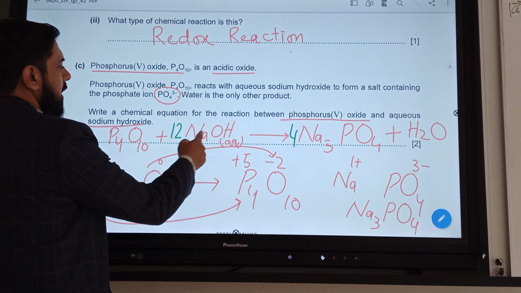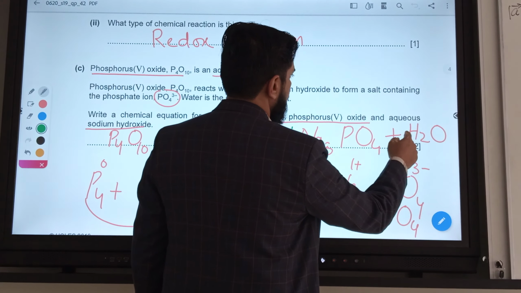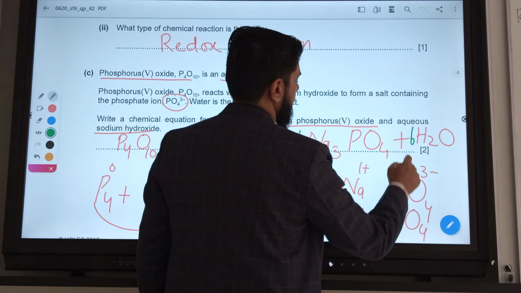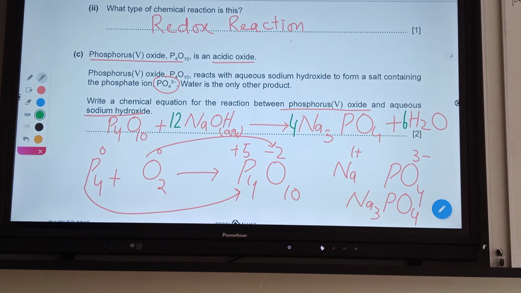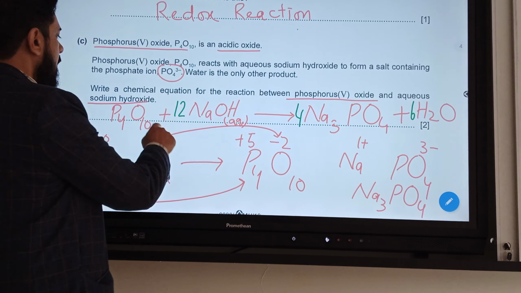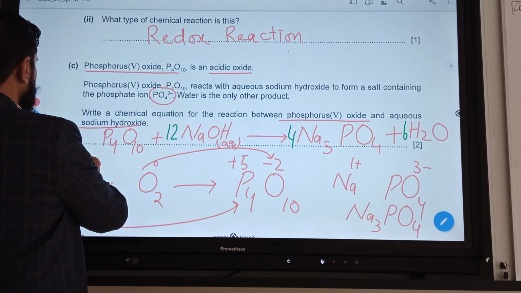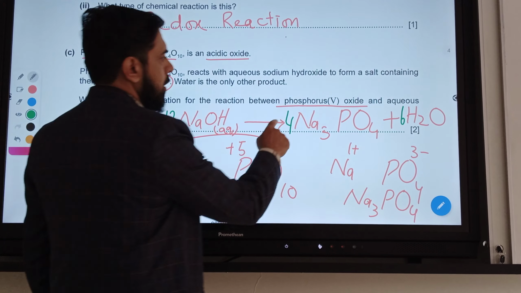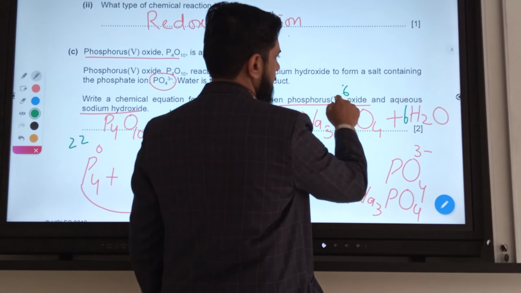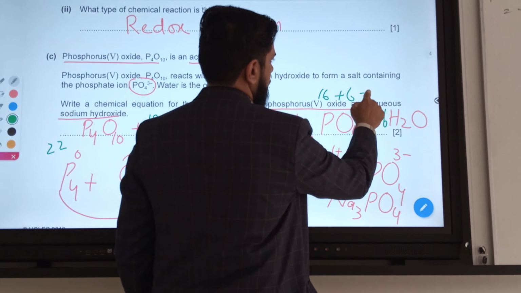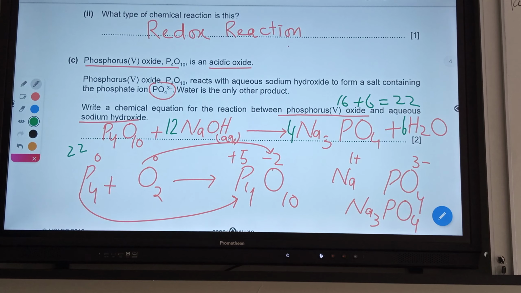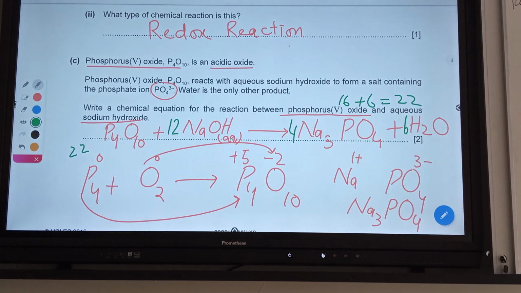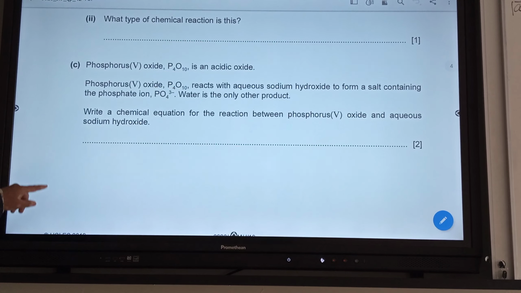We have 12 hydrogen, so to make it balance, we have to place 6 over here. In this way, hydrogen is balanced. And oxygen is automatically balanced: 10 plus 12, we have 22 oxygen on the left side. 4 4s are 16 plus 6 equals 22. So oxygen is balanced as well. So this is the answer for the question, and we are moving on.